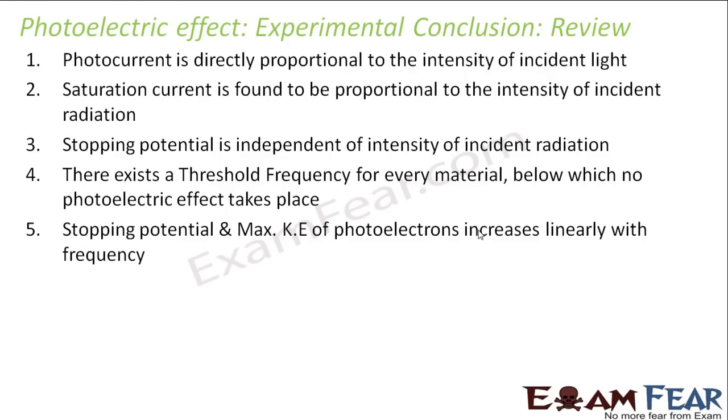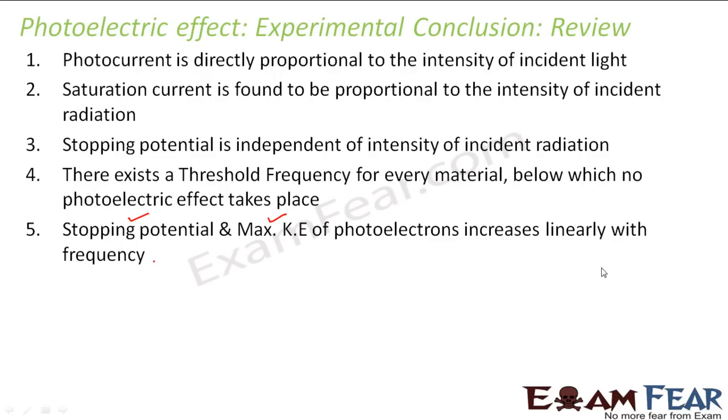Stopping potential and maximum kinetic energy of photoelectrons increase linearly with frequency. I have told you very clearly how stopping potential increases with frequency. However, what about this maximum kinetic energy? I mentioned before, what is stopping potential? That means a potential where the photocurrent will drop to zero.